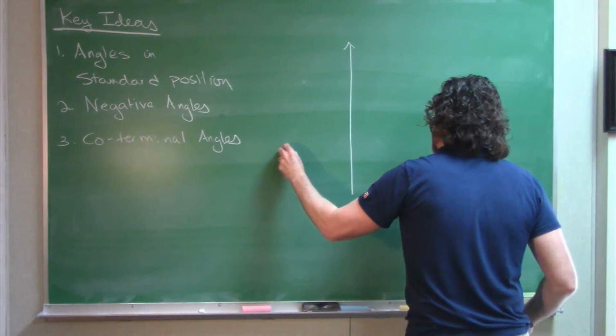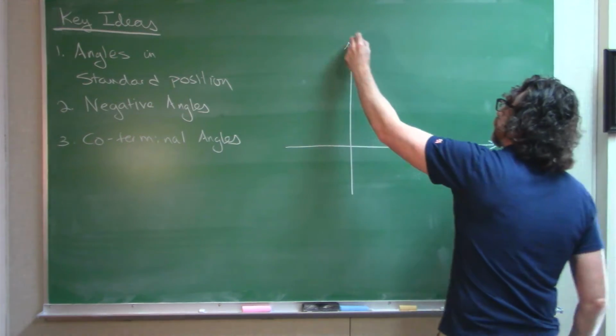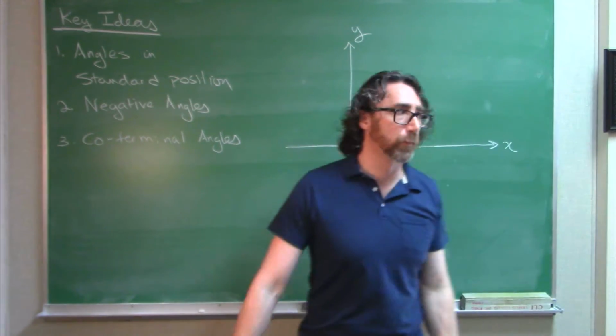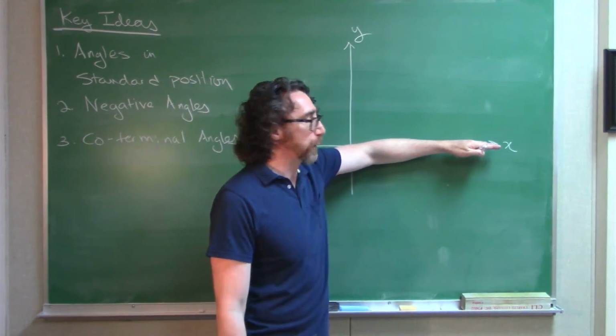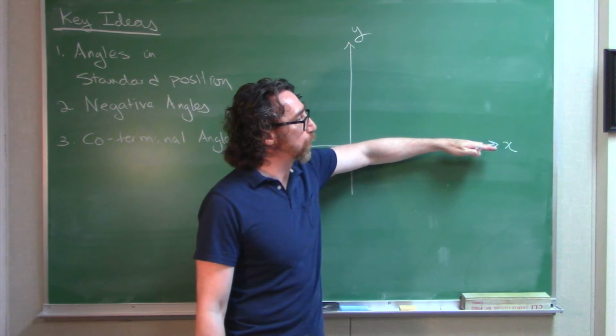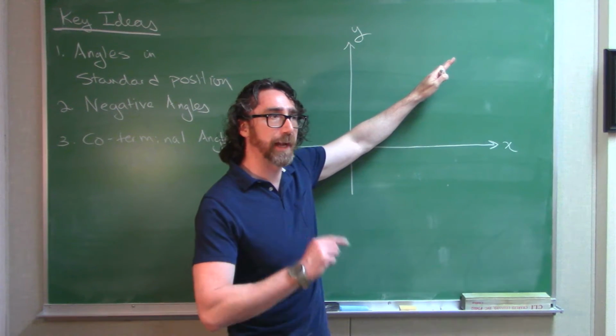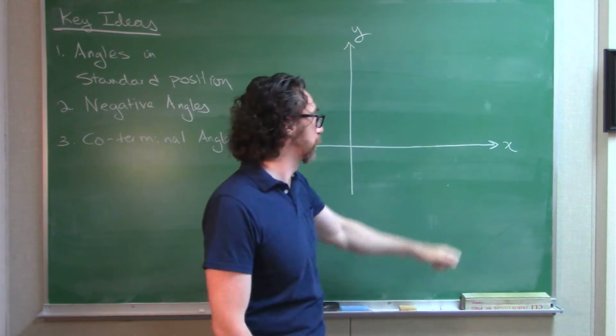When we talk about an angle in standard position, here's what I want you to picture. We think about the xy plane, and we imagine that we are taking the positive x-axis, and we are rotating that positive x-axis in the counterclockwise direction.